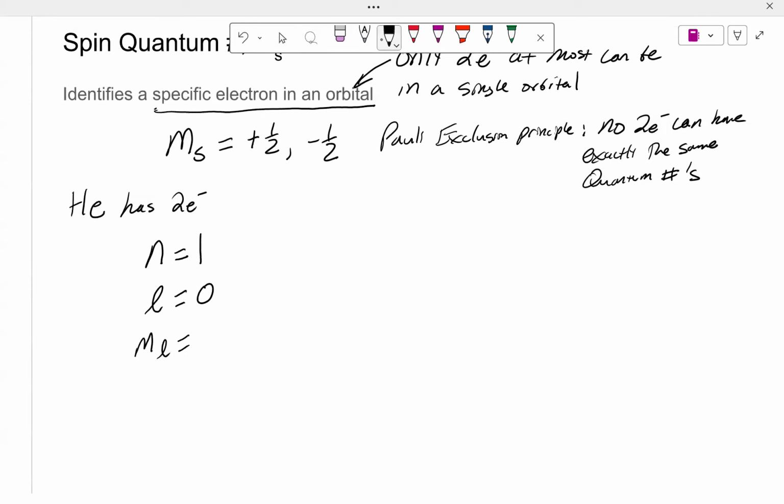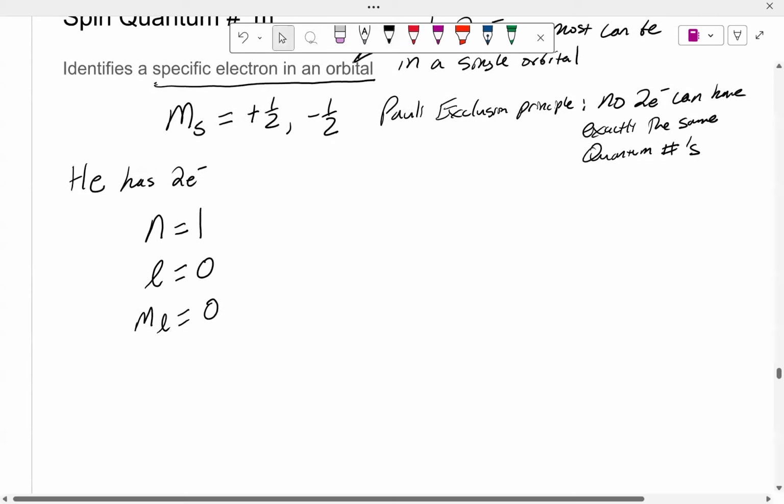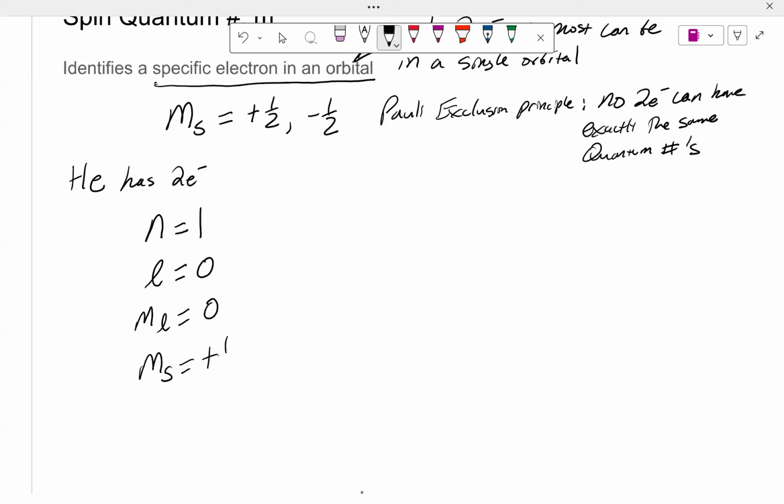M sub L can only be 0. And then for one of the electrons in helium, the spin will be plus 1/2. The other electron will have almost all of the same quantum numbers, except its spin number will be minus 1/2.